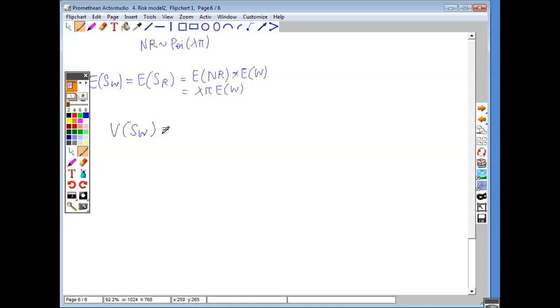So if I have to write the variance of SW, it was something like variance of W, this is a smaller w that I have, times expectation of NR, plus expectation of W times expectation of NR. Do you guys remember this formula? It's also given in the table booklet.